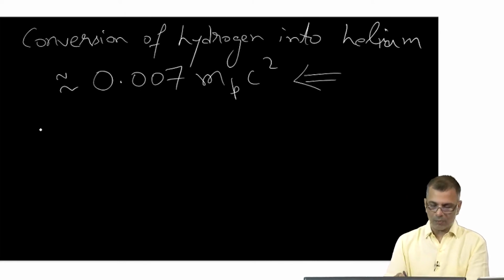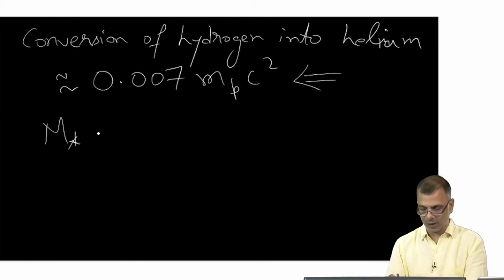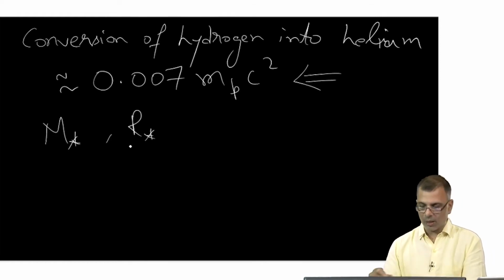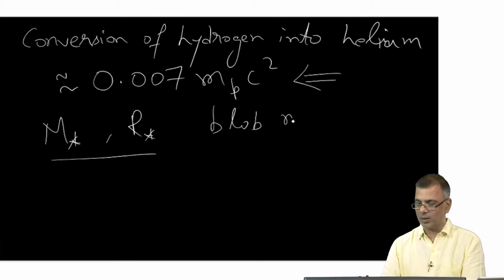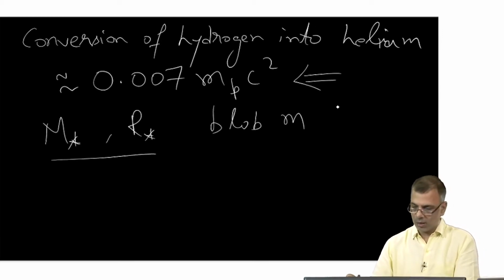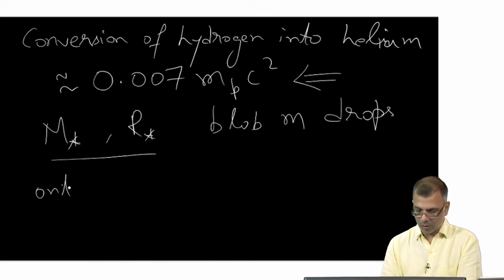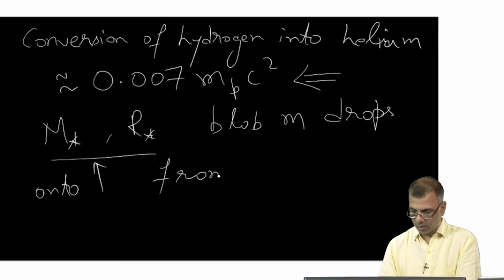Now consider a compact object of mass m star and radius r star. Let us consider a blob comprising just hydrogen of mass m, which drops onto this central object from infinity, where it was at rest.